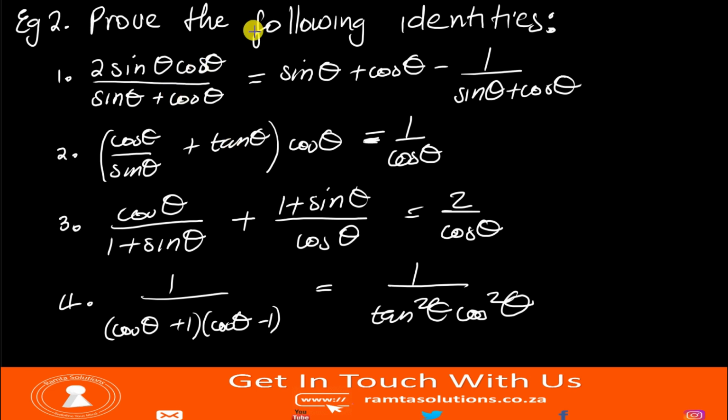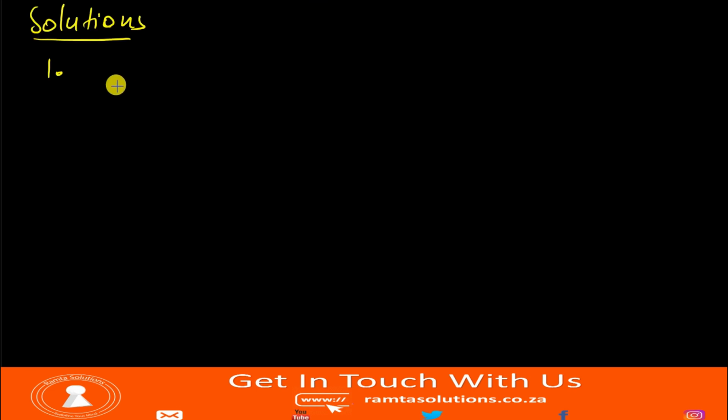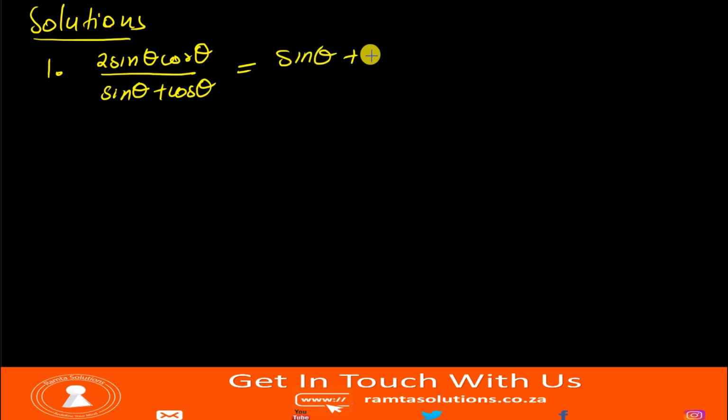Let's look at number 1. Let me write it down. Number 1 was 2 sine theta cos theta over sine theta plus cos theta, which is also equal to sine theta plus cos theta minus 1 over sine theta plus cos theta. So what you do, you look at the one which is easy to break down or easy to simplify.